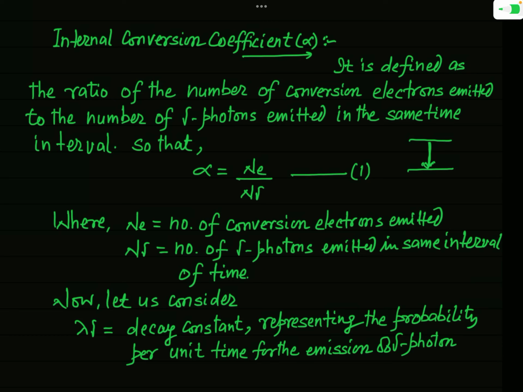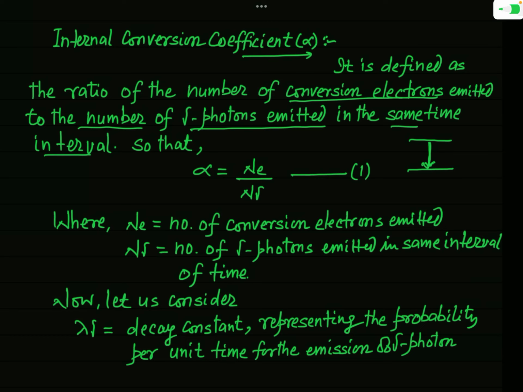It means there will be an emission of an atomic electron, and at the same time there will also be the emission of a gamma photon. Okay. In fact, this internal conversion coefficient is defined as the ratio of the number of conversion electrons emitted to the number of gamma photons emitted in the same time interval.